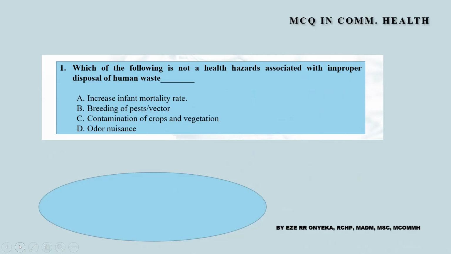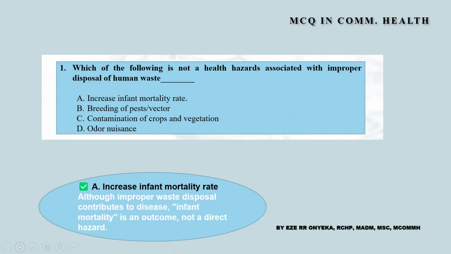D, odor nuisance. The correct answer is A, increased infant mortality rate. Although improper waste disposal contributes to disease, infant mortality is an outcome, not a direct hazard.